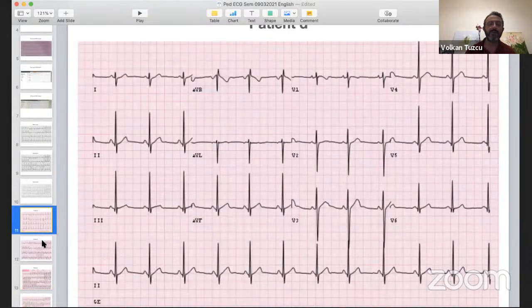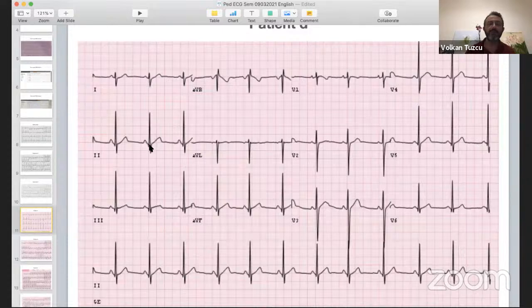So on the baseline, anything catching your eye, or is it just a normal ECG? Okay, PR looks a little bit short, right? PR looks a little bit short, but the indication was palpitation induced with stress test, this one. So yes, PR is short, but look at the QRSs.